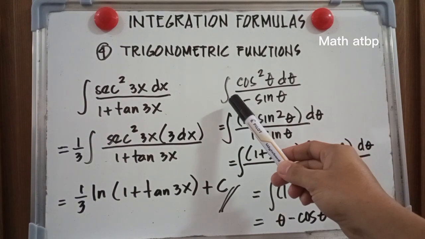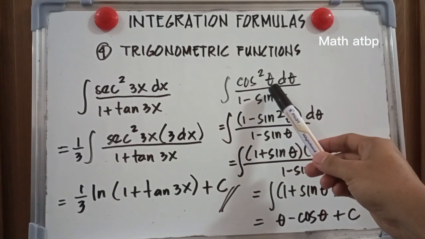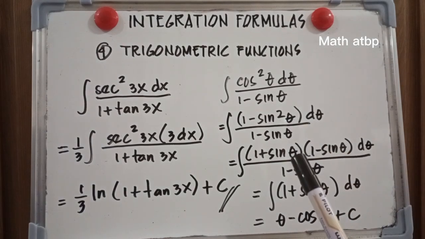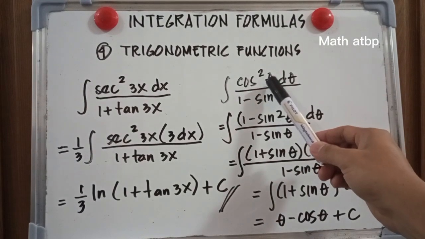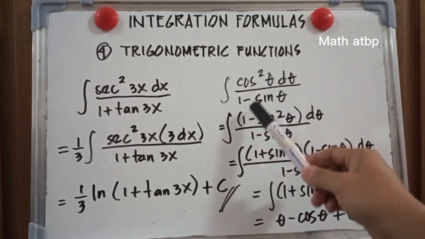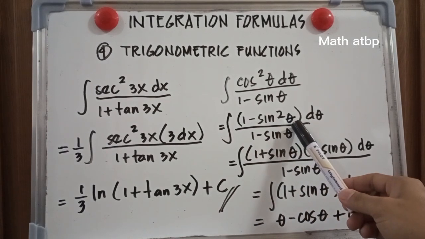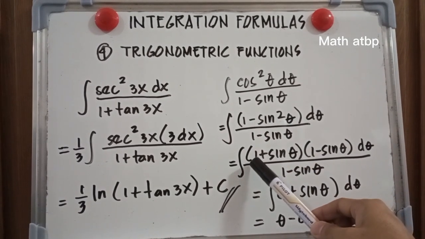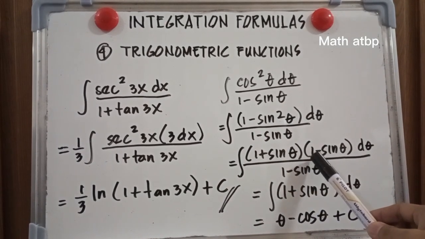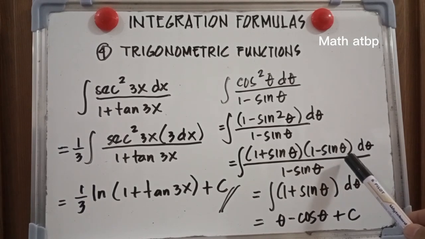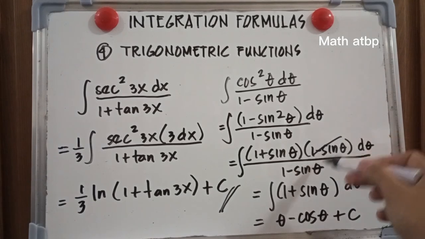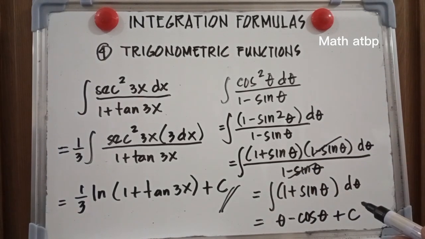Next, we have here the integral of cosine squared theta d theta divided by 1 minus sine theta. Okay, cosine squared theta has an identity of 1 minus sine squared theta. We have learned that in trigonometry. But 1 minus sine squared theta is also equal to 1 plus sine theta times 1 minus sine theta. Okay, we have here 1 minus sine theta on the numerator and we have here 1 minus sine theta on the denominator.